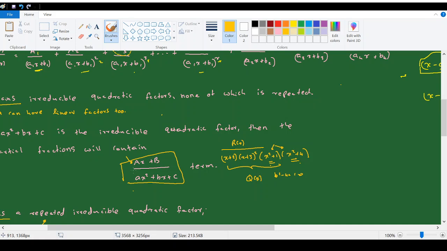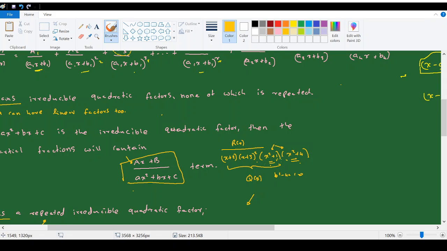So you have to be familiar with this method. In this case, we had two irreducible quadratic factors. Now keep in mind that these two quadratic factors are not equal, and I will deal with the case when they are equal in the next category. So for the time being, we should consider the case where it has distinct irreducible factors.